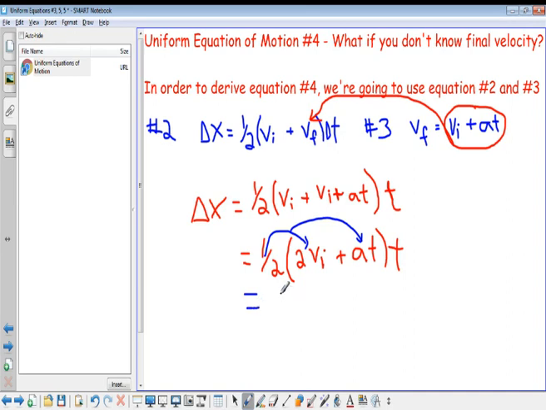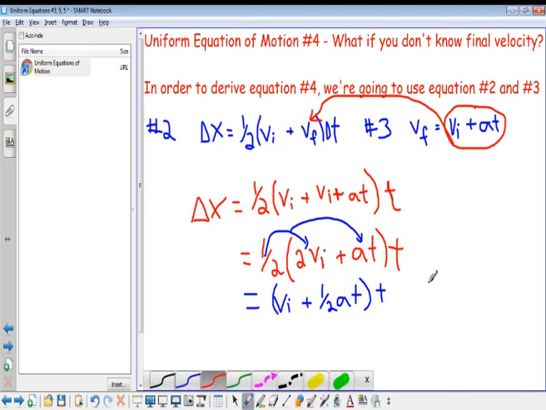So 1/2 times 2 is 1. So I have 1 VI plus, and I will put this in parentheses, 1/2 AT, all times T. And then I'm going to distribute the T. And when I distribute the T, I'm going to end up with my final equation.